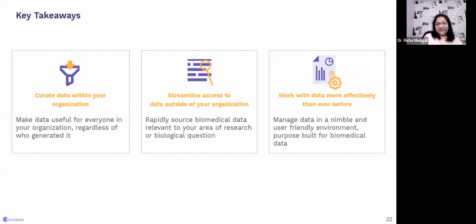Right. Finally, the key take-home message that I would like to leave you with is that we try to make your data useful for the whole organization, regardless of who has generated it. We enable you to integrate and perform multi-omics analysis. We also rapidly source data from different public resources, and because most people are interested in the latest data sets, you would be able to find them in Polyomics Atlas much more rapidly and start working on them at a much faster speed, accelerating your research.